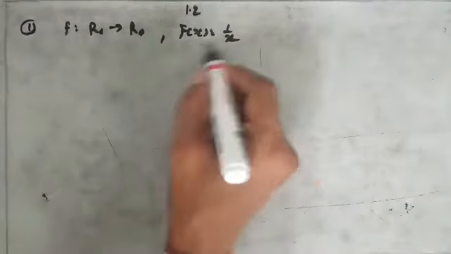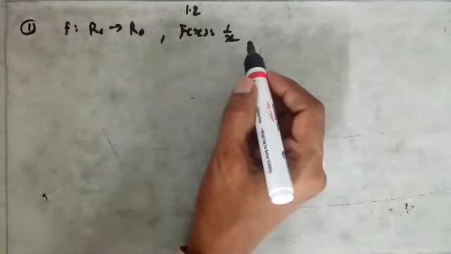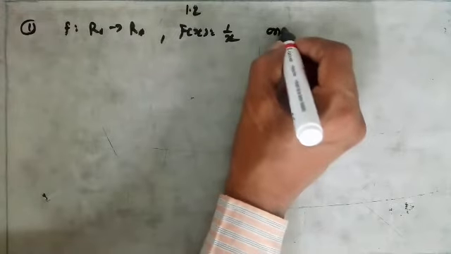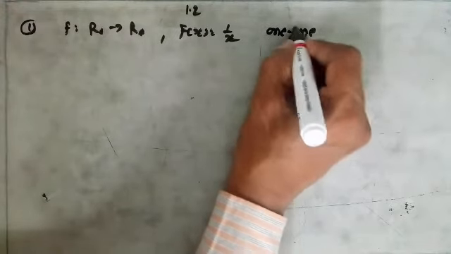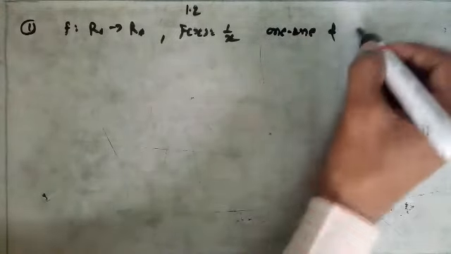Now here we solve some questions of exercise 1.2. First question given: show that the function f: R* to R* defined by f(x) is equal to 1 upon x is one-one and onto.